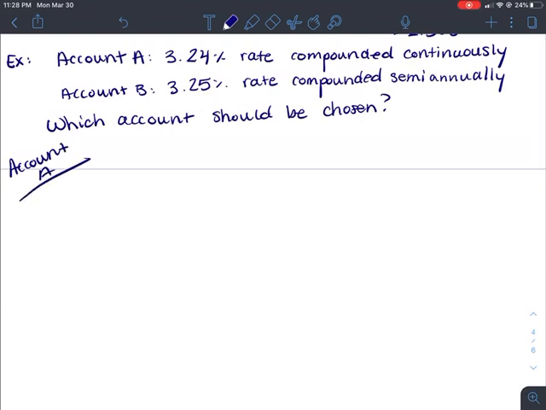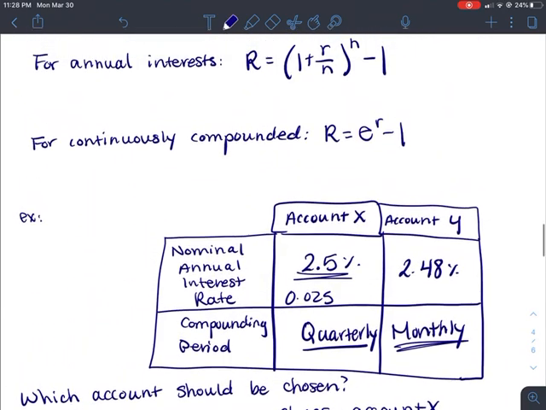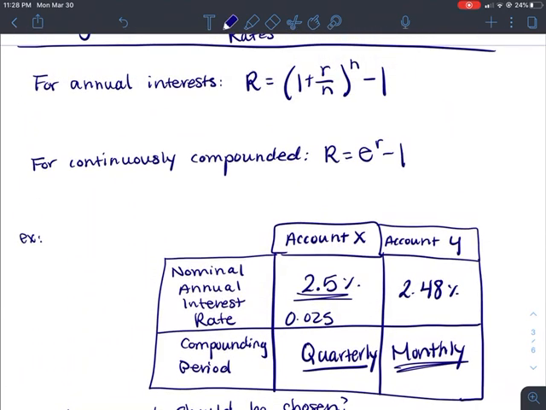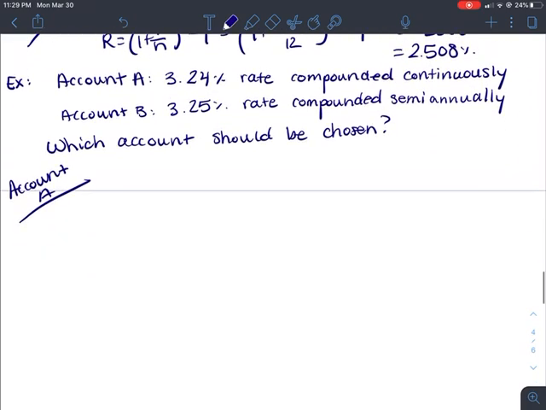Okay, so this is compounded continuously, so I'm going to go back up here because I want to make sure that I use the correct equation. Okay, so for annual interest, we have the one equation, but for continuously compounded rates, we're going to do R equals e to the r power minus 1. So I'm going to find that my r equals 3.24, is 0.0324.